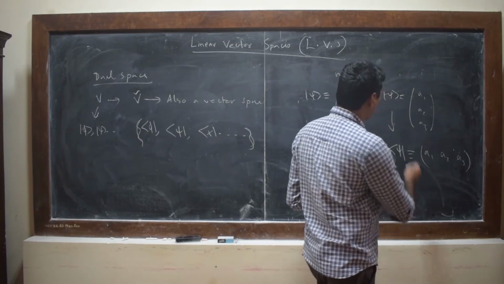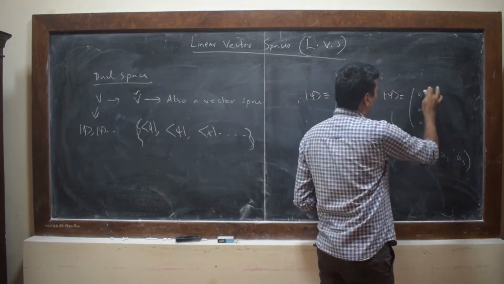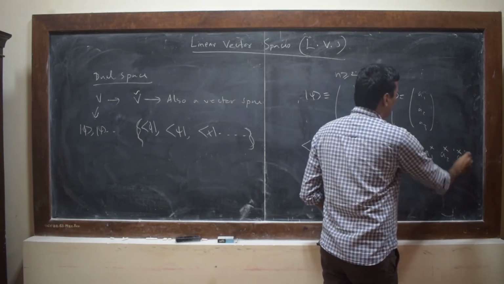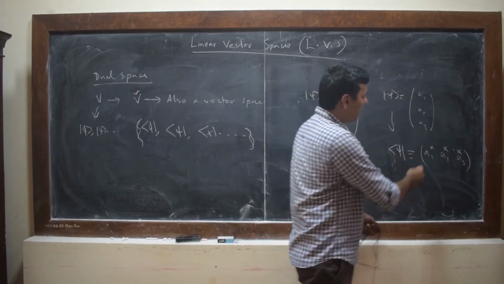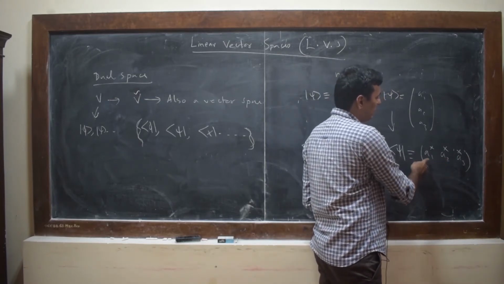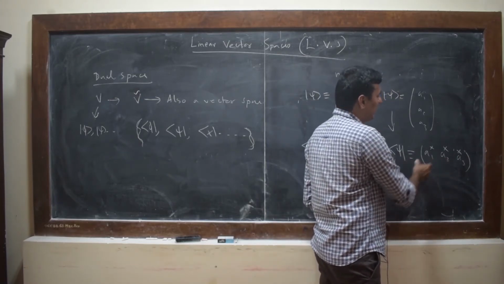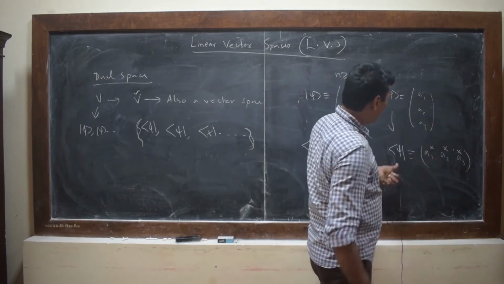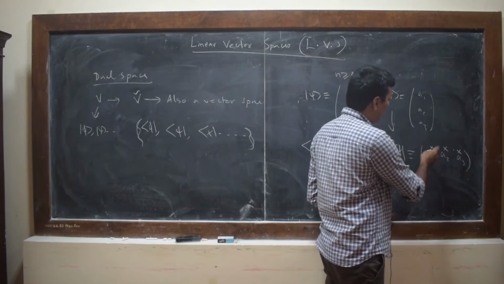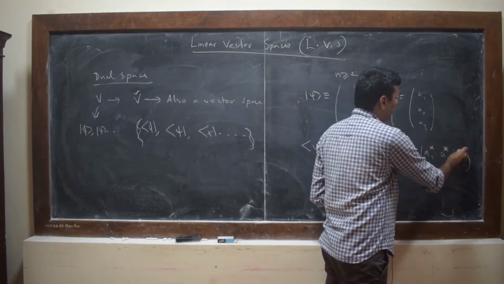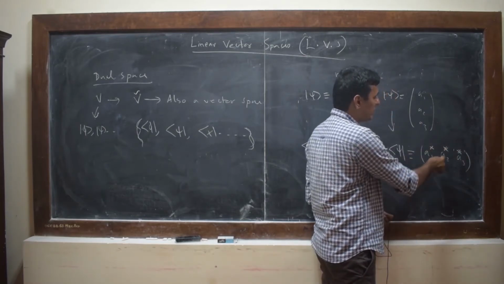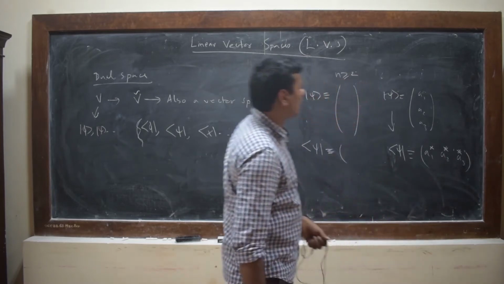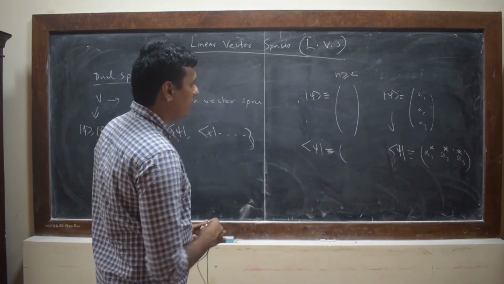But on the other side, if they are complex numbers, then your bra psi must be the complex conjugate transpose. That means if you have a complex column vector, then bra psi will be the complex conjugate transpose. You need to take a complex conjugate also. Bra psi will be a1 star, a2 star, a3 star. So that will be the bra vector.